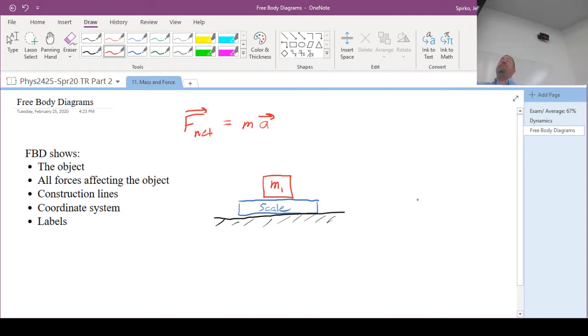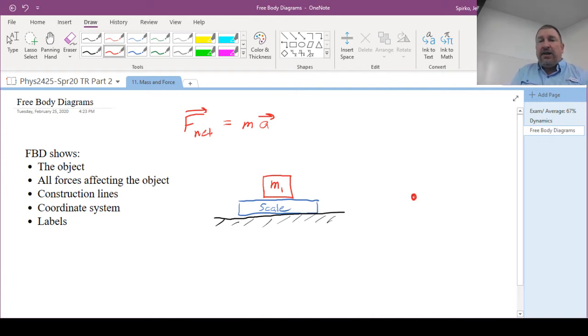This is not a free body diagram. This is a system diagram. It's a sketch. It's a schematic of what's going on. It's really important for me to understand the situation. It's kind of like a graphical description of the overall scenario. So I've drawn a picture of the overall scenario.